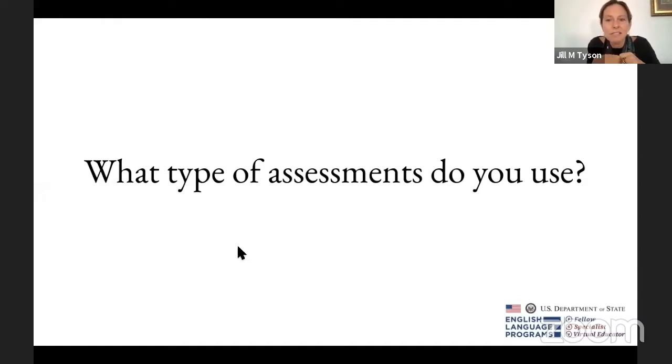So students can also self-assess, and it's not so common for students to self-assess in traditional education, but now we are really trying to help our students to think more about their thinking.